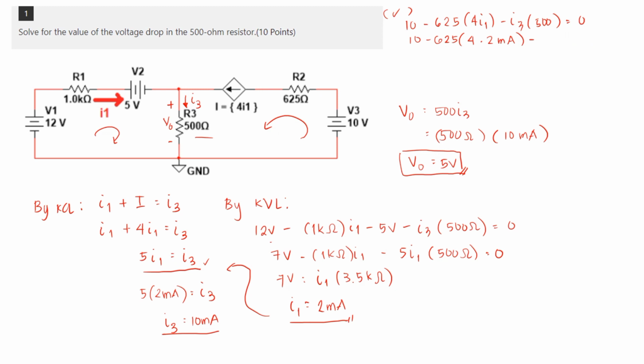We can replace I3 with 10 milliampere and check if our equation will be equal to 0. So 10 minus 5 volts minus 5 volts equals 0. Therefore, our answer is correct.